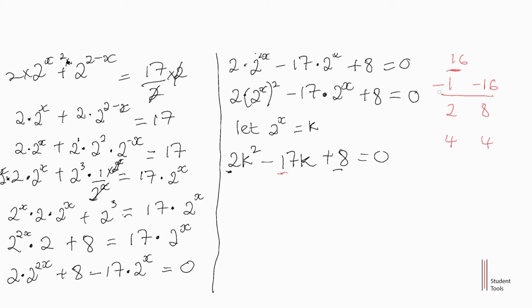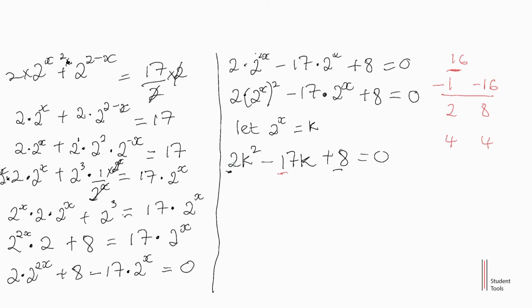Why? Because when you multiply a negative and a negative, you get a positive 16. Also, when you add -1 and -16, you get -17, which is the coefficient of this k. So now we'll distribute this. This is what we will do to factorize this.